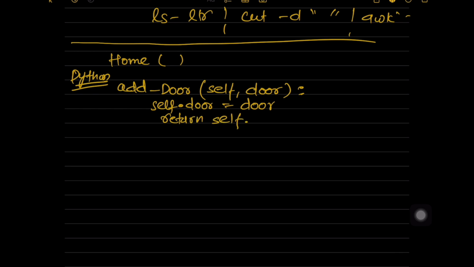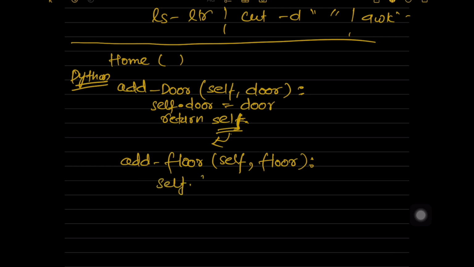Since this self is like the this pointer, if we return this pointer back, this pointer is a reference to the object, and using that reference we can call the next method again. So if you have, say, add_floor, again it will take self, floor, and it will be self.floor is equal to floor, and we return self from here.